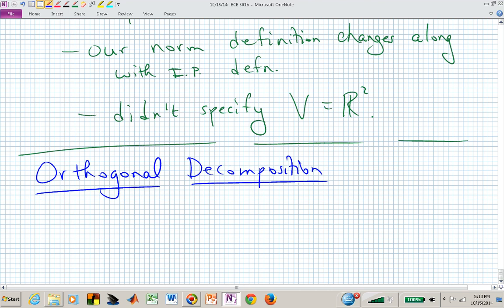Meaning we want to break up a vector into two parts.